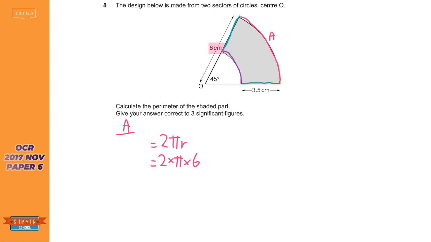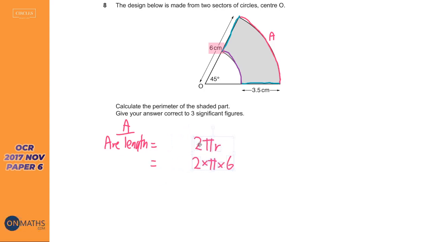We're looking for arc length, and arc length is different, not much different. So we've got to do something slightly more. I'm just going to drag these out because we haven't got a full circle here. All we have is 45 degrees of a full circle.